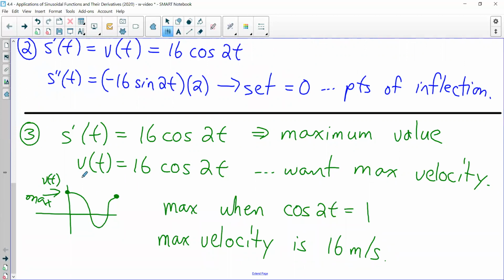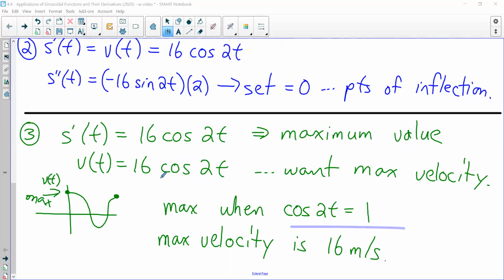What's the largest value you're going to get for this function? Well, that will occur when this portion in here is equal to 1, because that's the largest the cosine function is going to be. The max is going to occur when that is equal to 1.